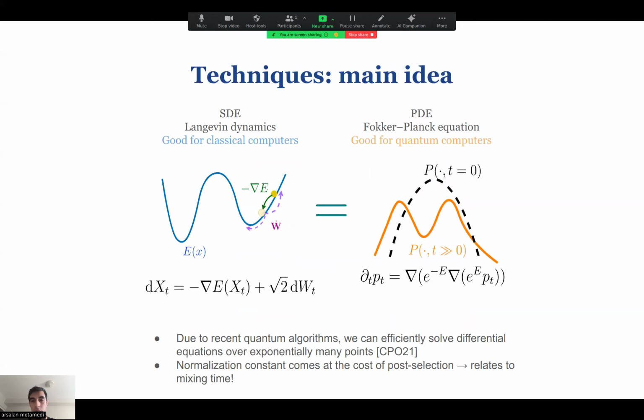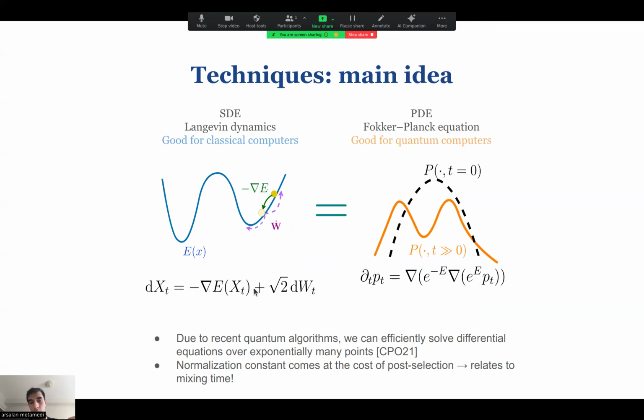I think that if there is one lesson to be learned from this work, it is the following: that quantum algorithms can solve the Fokker-Planck equation. So what is the Fokker-Planck equation? There is this Langevin dynamics written here that allows you to generate samples from a given energy function.